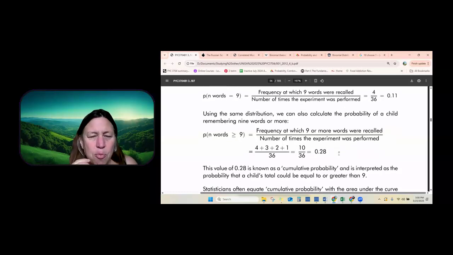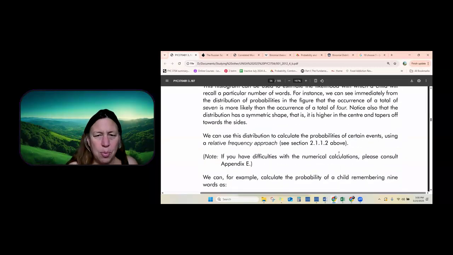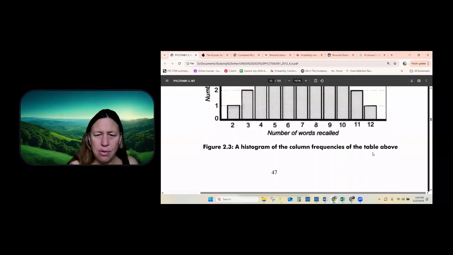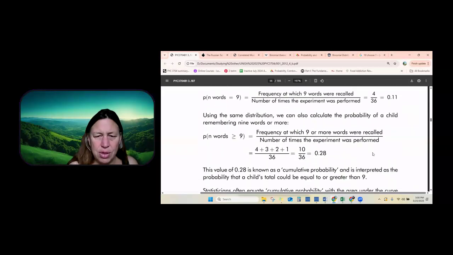Then you can also calculate the possibility of a child remembering 9 or a number greater than 9, okay? And you would go up here and you would add up all of these. So it would be 4 plus 3 plus 2 plus 1, which is what? 7, 11, 12. 12 out of 36, so there's a 33% chance.